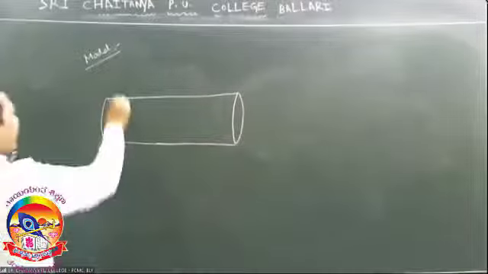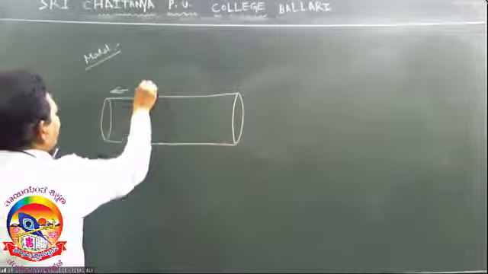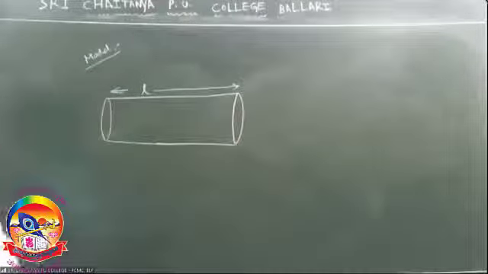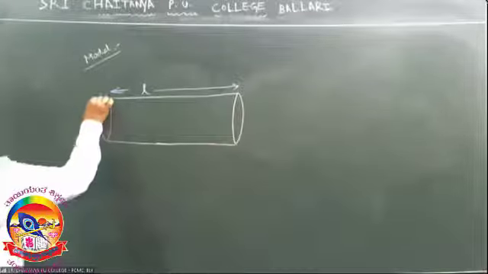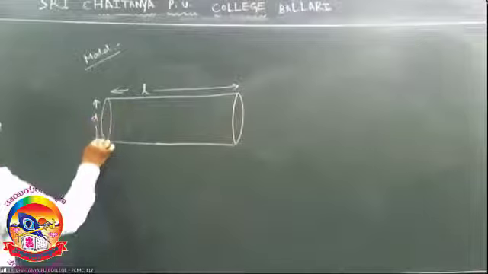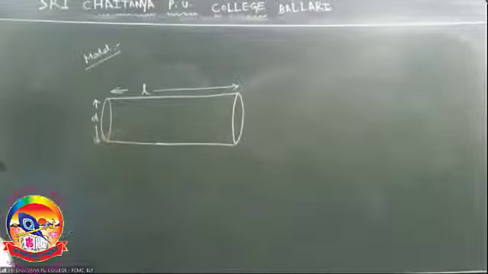L is the length of the pipe. What is its diameter? Imagine D is the diameter of the pipe.